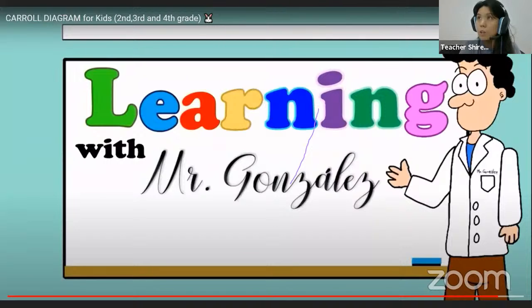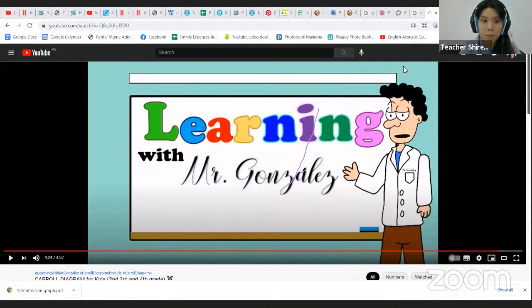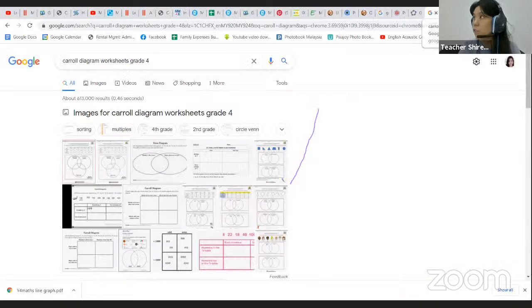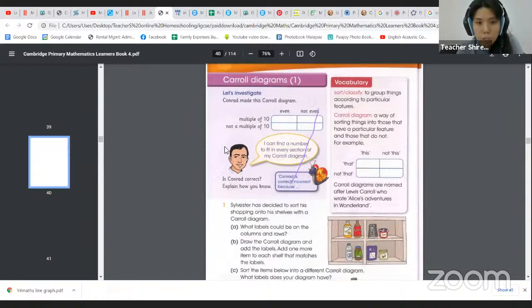So you pretty much understand what a Carroll diagram means. You need to see which things fulfill the criteria. This is over here in your textbook.